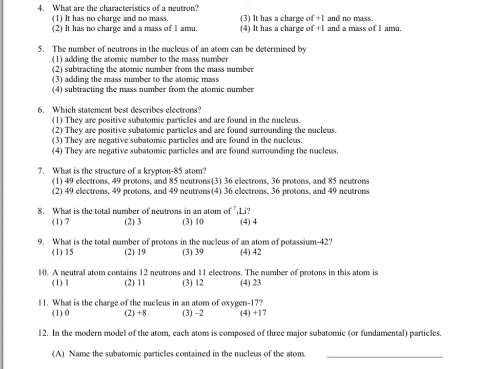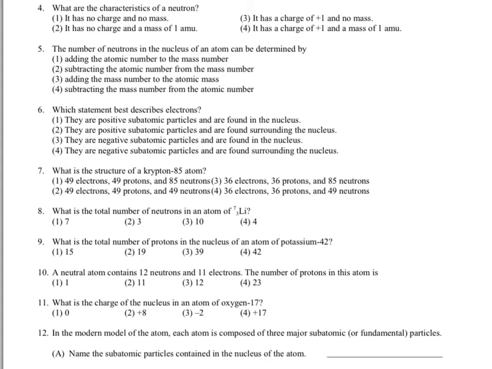Moving on, the next question asks us to characterize a neutron. So above in the bold, they characterize the major subatomic particles, the proton, neutron, and electron. Recall that the proton has a positive charge, a mass of 1, and is located in the nucleus.